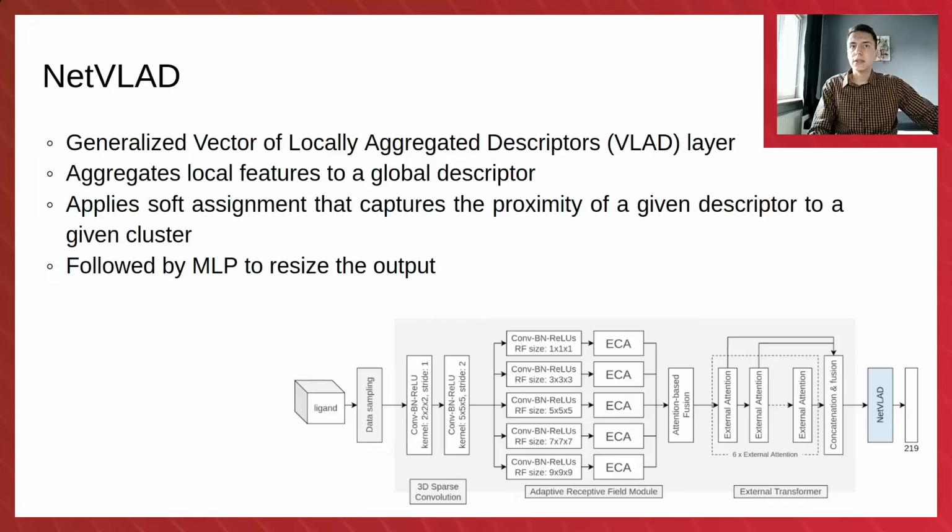NetVLAD learns K cluster centers and sums the difference between the local descriptors and the corresponding cluster centers to obtain a permutation invariant descriptor. At the end of the layer, a multi-layer perceptron is used to reduce the output size to the requirements.